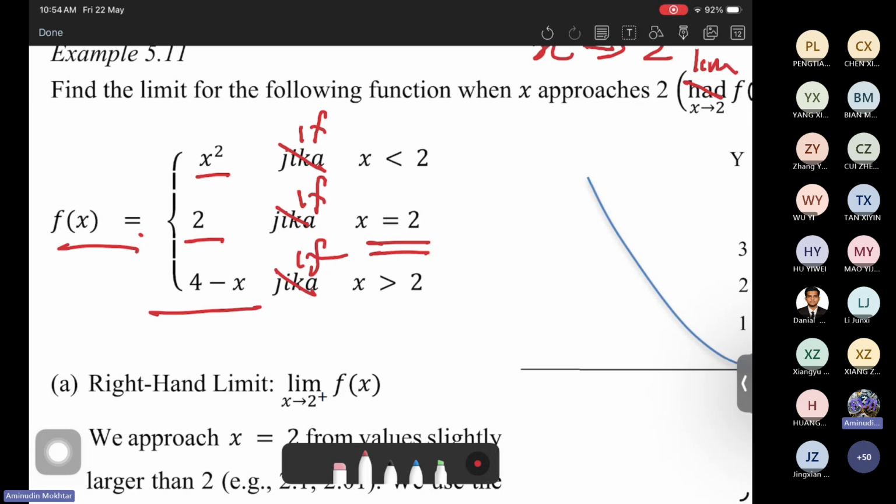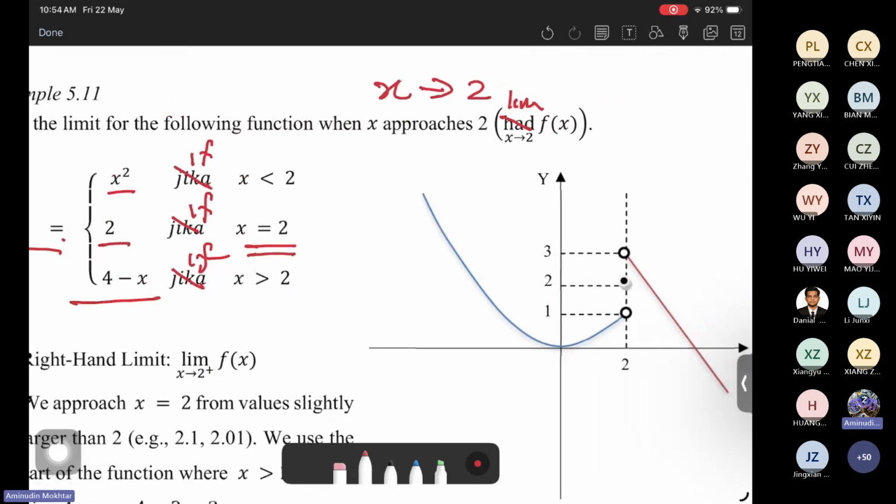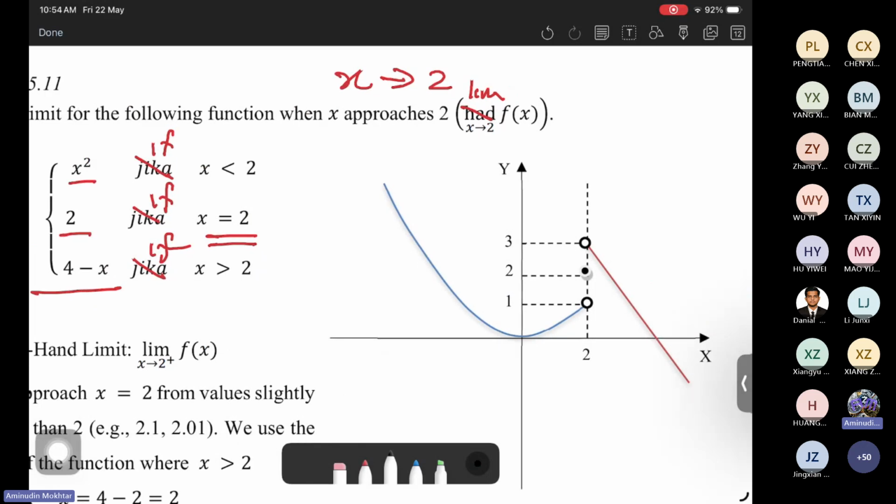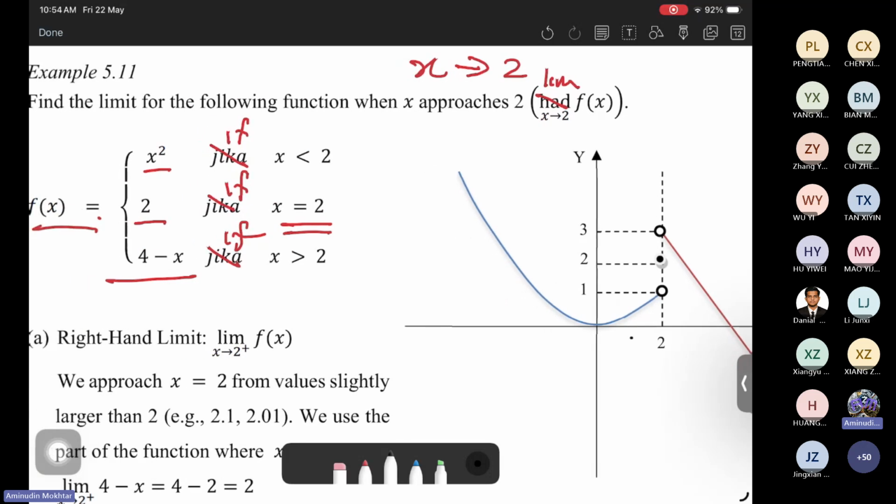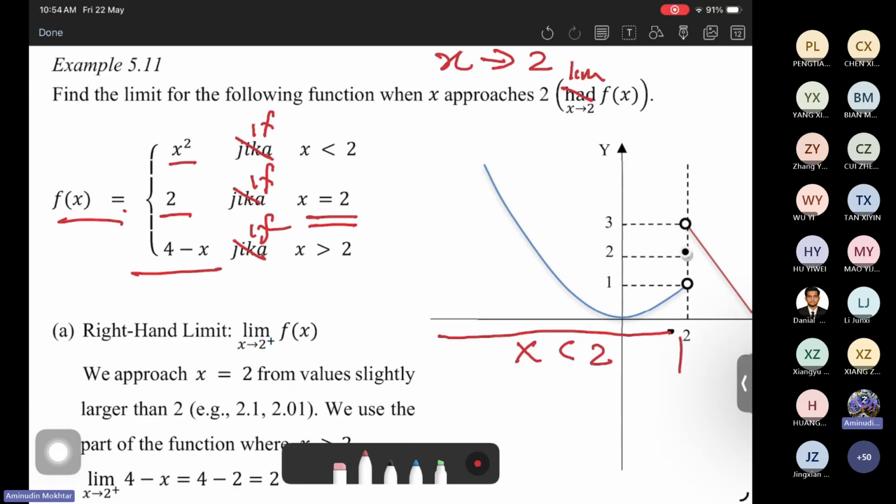When we draw this graph, we can draw it like this. Please refer to this page. As you can see here, when x is less than 2, this area, what is the shape of f(x)? f(x) equals x squared. I hope you still remember this quadratic function.